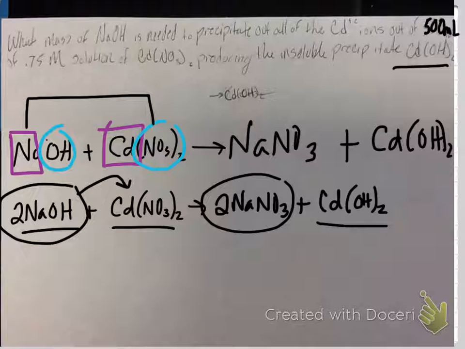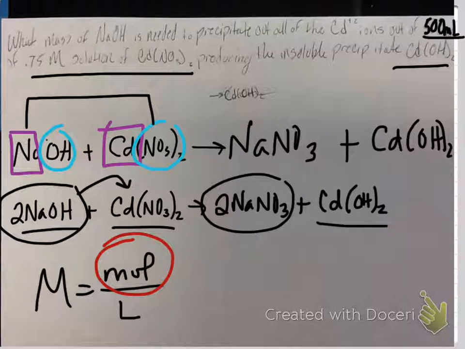How many moles of cadmium do we have if we've got 500 milliliters of a 0.75 molar solution of cadmium nitrate? Well, molarity equals moles over liters, and we want to solve for moles. Pretty easy.